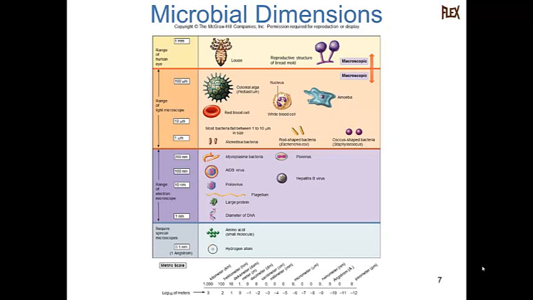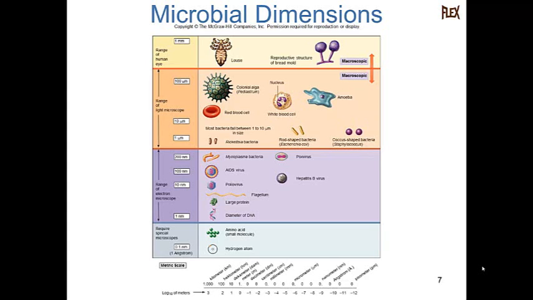But when we go from 200 nanometers up to 1 micrometer, we get into the size where we can begin to see bacteria with a regular old light microscope. So the smallest bacteria are rickettsias, and then we see some rod-shaped E. coli. We can see some coccus or round-shaped staphylococcus. So most bacteria are going to fall between 1 to 10 micrometers.